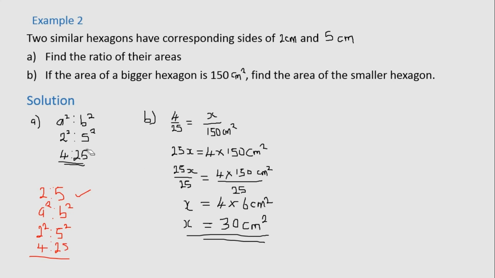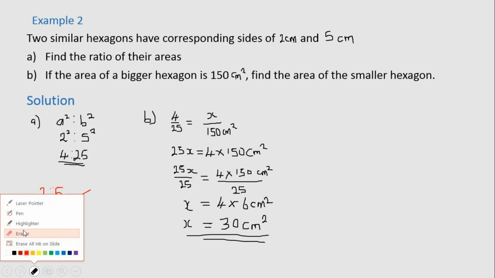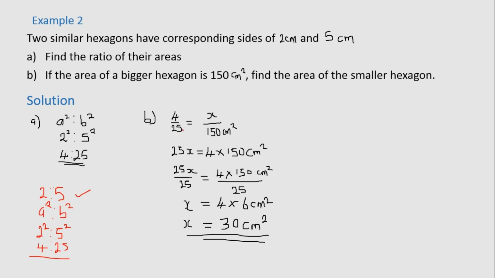So we are saying 4 to 25, since this is for the smaller one and this one is for the bigger one. So now we are saying this is for the bigger one, then for the smaller one is what we don't know.